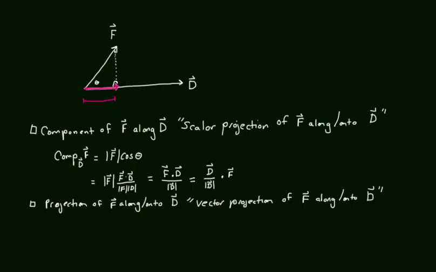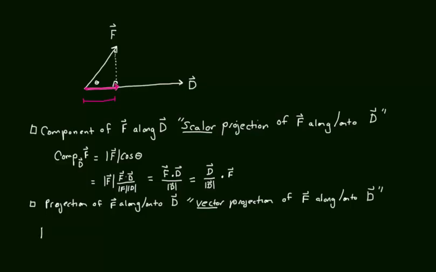The projection of f along or onto d, or we can simply say vector projection of f along or onto d. Writing it this way, we can see that we have a vector versus me saying scalar projection. That helps to clarify exactly which one we're trying to find.